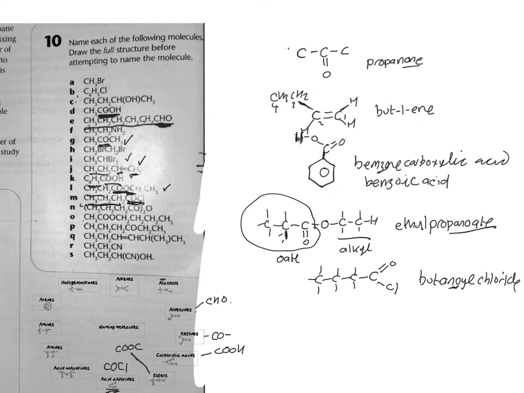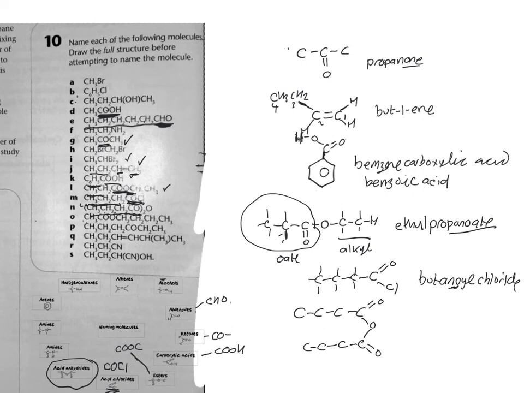Let's now go to this thing here. Can you see these brackets and 2? That suggests to me that that is an acid anhydride. And if we draw the structure out, you can see it's got 1, 2, 3, 4 carbon atoms. And because it's an anhydride, it's going to be a double bond O, O. And then the other part that's also in the bracket has got 4 carbons, like so.